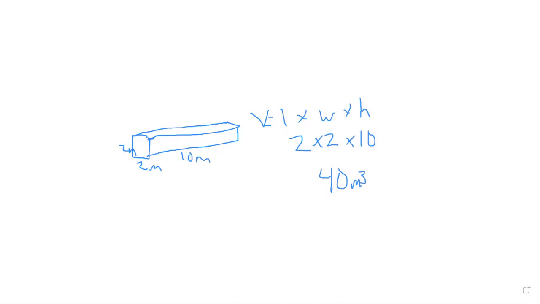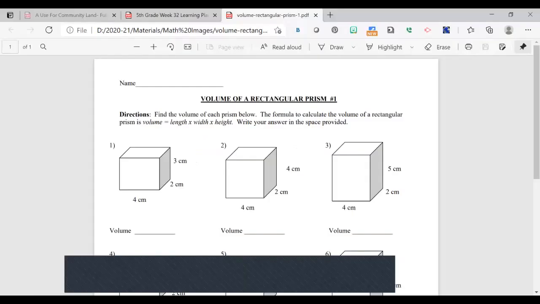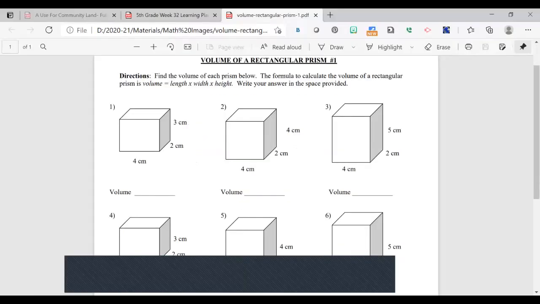Let me clear the screen here, and let's show you a little bit of what the assignment might look like. You're going to see a reminder of the length times the width times height. You're going to multiply those 3 things together to find the volume. Please remember to write your answer in cubic notation.